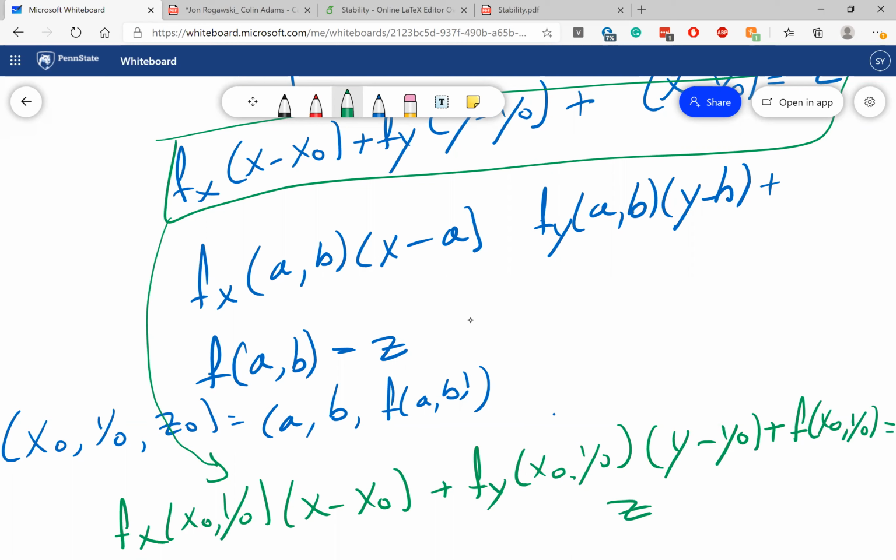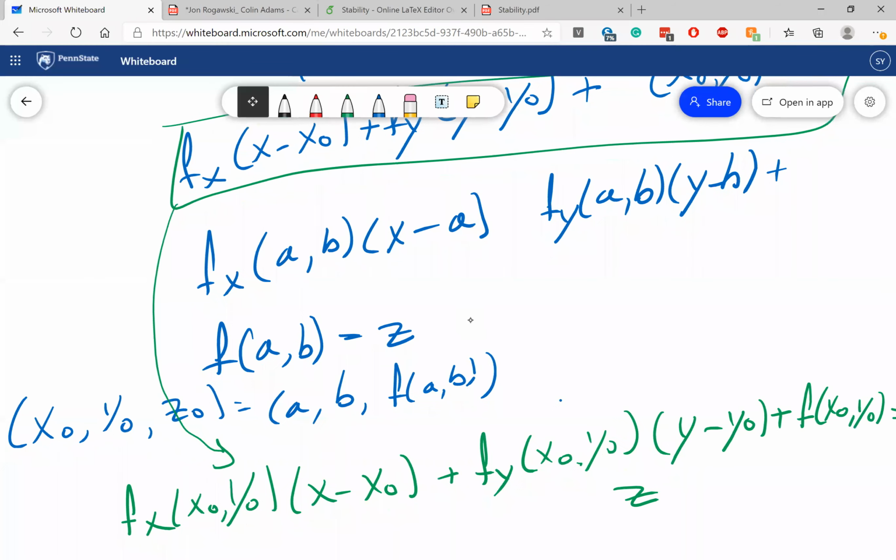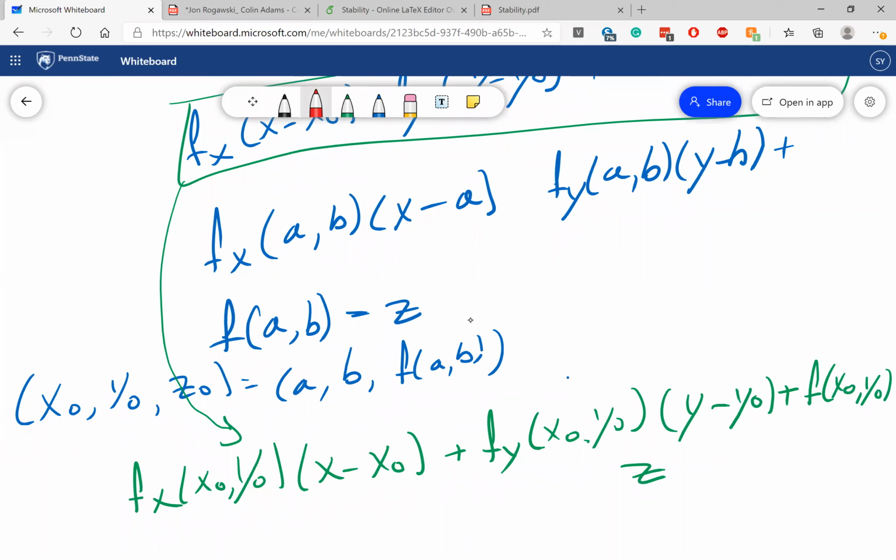That's if you write it out. And then you just say, okay, so in our case, this is going to be a, this is going to be b, this is going to be a, this is going to be b, and you just substitute and you get this.